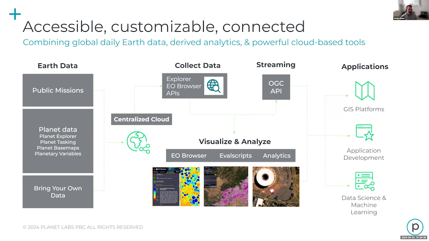And so the idea is that we can use platforms like Planet Explorer, which you have access to, as well as our EO Browser and our APIs to actually collect this data, and then you can visualize and analyze using things like EO Browser, which is equipped with scripting capabilities where you can derive insights, and then actually use the Sentinel Hub platform to do processing on the cloud.